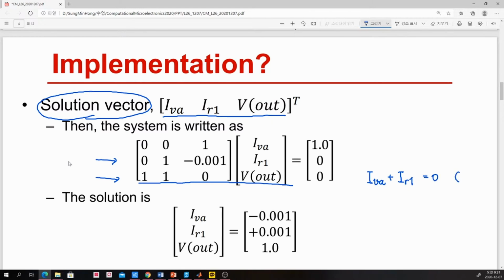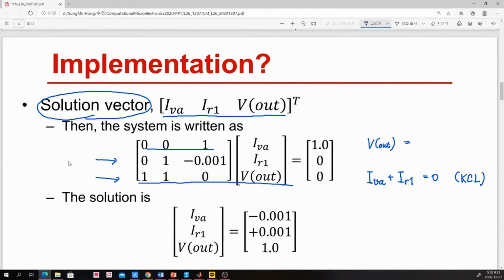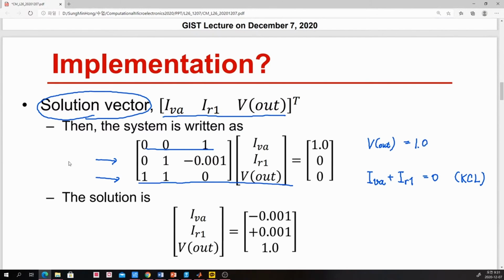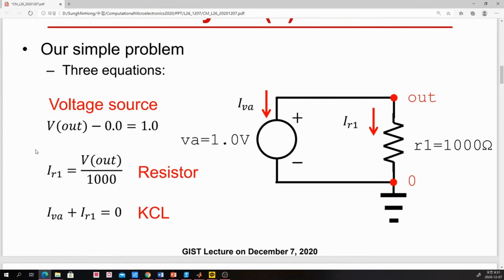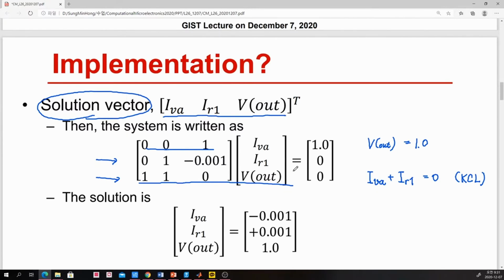This is actually Kirchhoff's current law. Then the first row says that the output voltage equals 1.0, because we have 1.0 volt for this voltage amplitude. So we have this one.